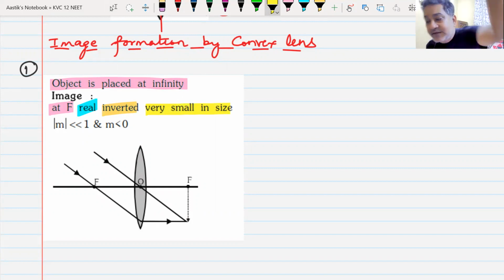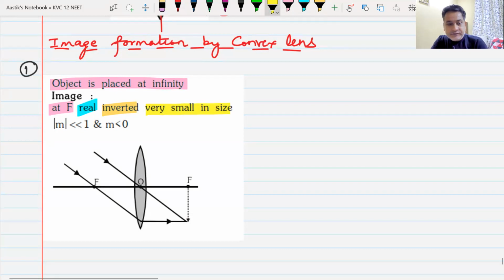That's why I was not showing it to you, so that you can correlate it with the concave mirror. This is the first position of the object, when the object was placed at infinity.